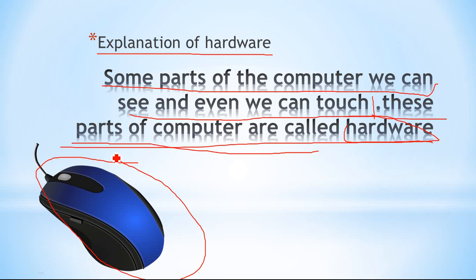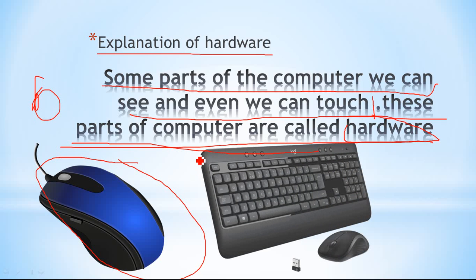We can see it, we can touch it, and we can use the mouse for drag and drop, to make things like this. And this is the keyboard. We use the keyboard to type anything. If we do not have a keyboard, we cannot type anything. So we use the keyboard to type. And what is the keyboard? Keyboard is a hardware.